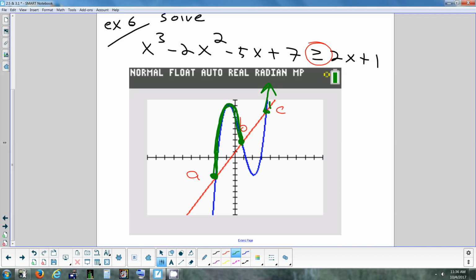And then from here, going on forever. So first step would be to find A, B, and C, those intersection points. And then we have to describe between that value and that value. That's where the blue graph is above the red. So I'm just calling it A and B, but how would you write that interval?